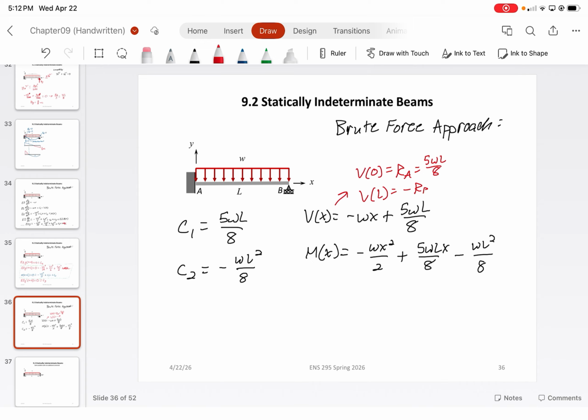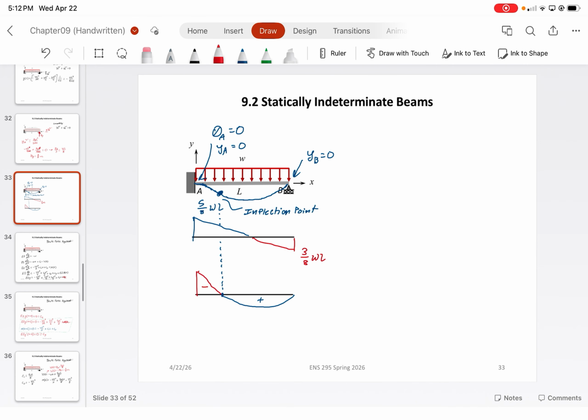So you would get that as negative RB, which is equal to negative 3/8 WL. And the reason for that is because the reaction force at B would be technically a vertical force going upwards. So if the shear force is negative, then the reaction force has to push it up to close it out, which would indicate the direction of the shear force.